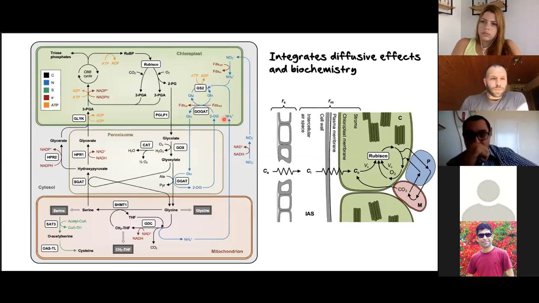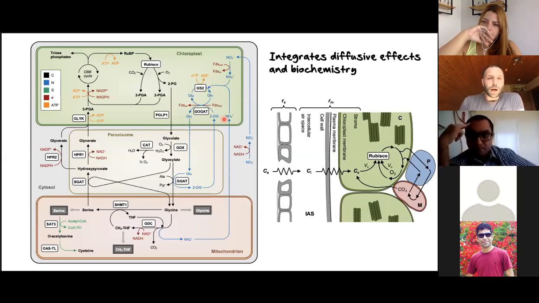So bottom line is, if you look at the assimilation rate with and without photorespiration at a given CO2 concentration outside the leaf, we can integrate both the diffusive effects and the biochemistry in the plant.